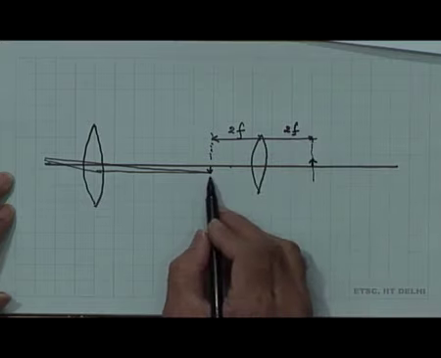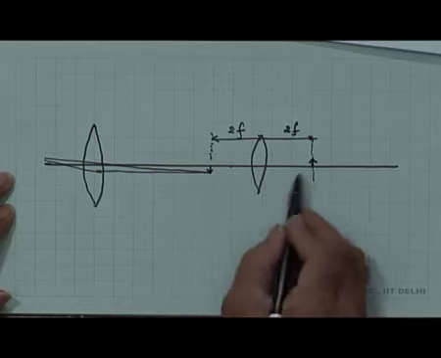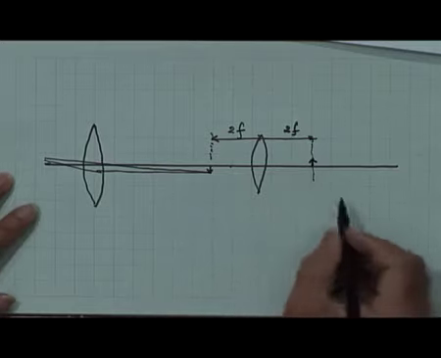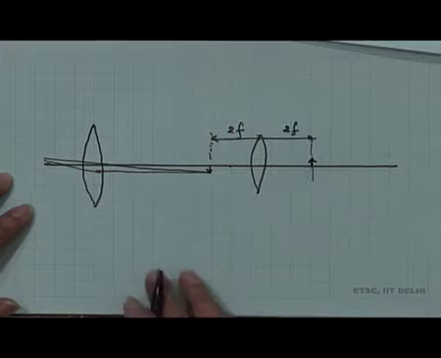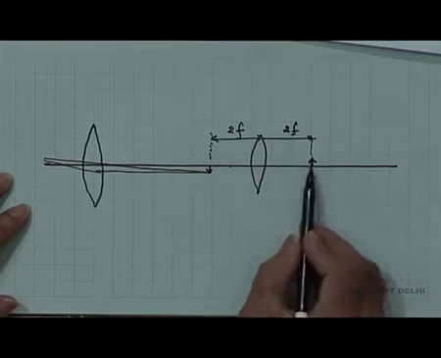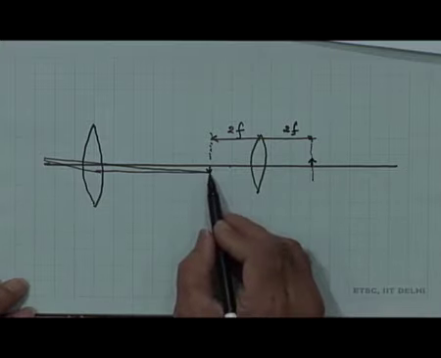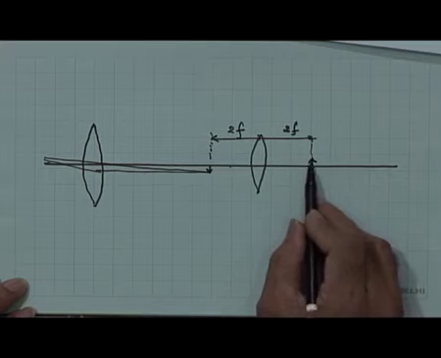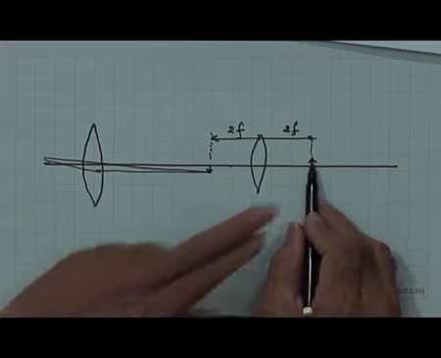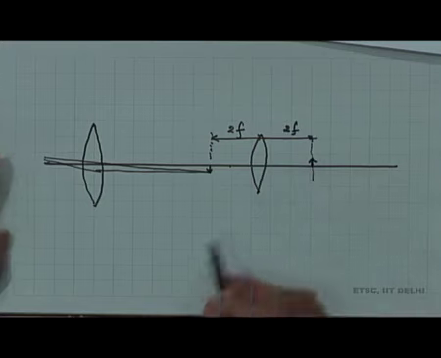So, 2f is the object distance here and 2f is the image distance, and the magnification is V by U, so it is 2f by 2f, but the magnification is -1, which means if the original object is like this, we will get an inverted image, which is the erect image of the distant object.